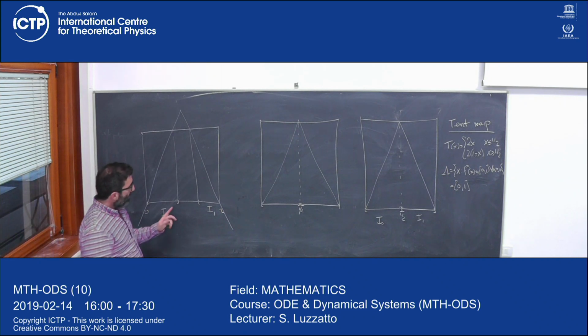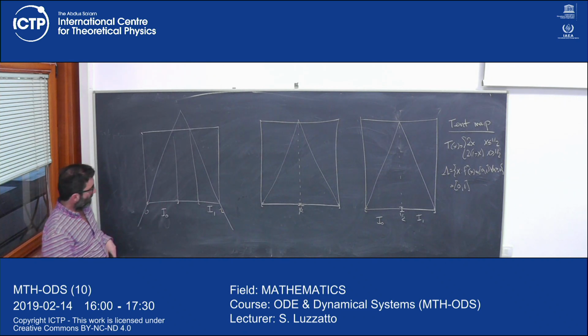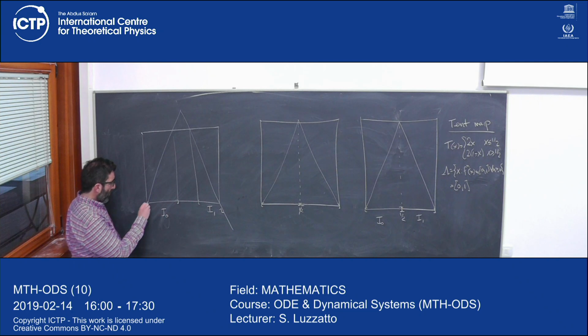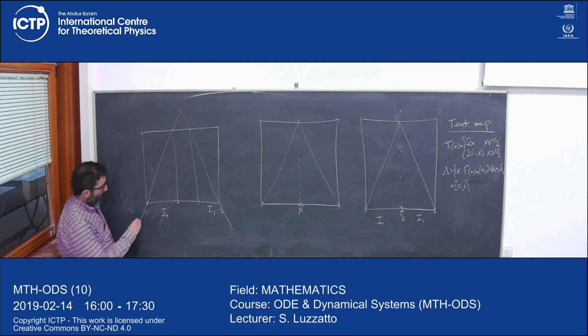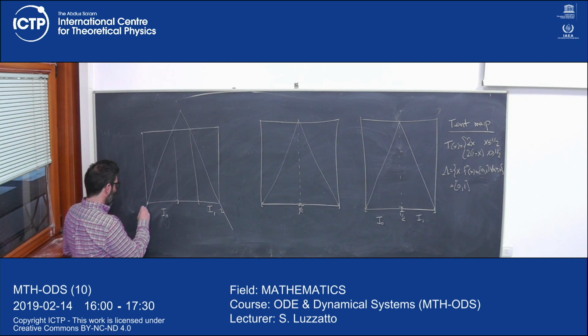Well, so let's think about the codings of these points. What is the coding of this boundary point here? 0, 0, 0, 0. Exactly. This point here is 0, 0, 0.